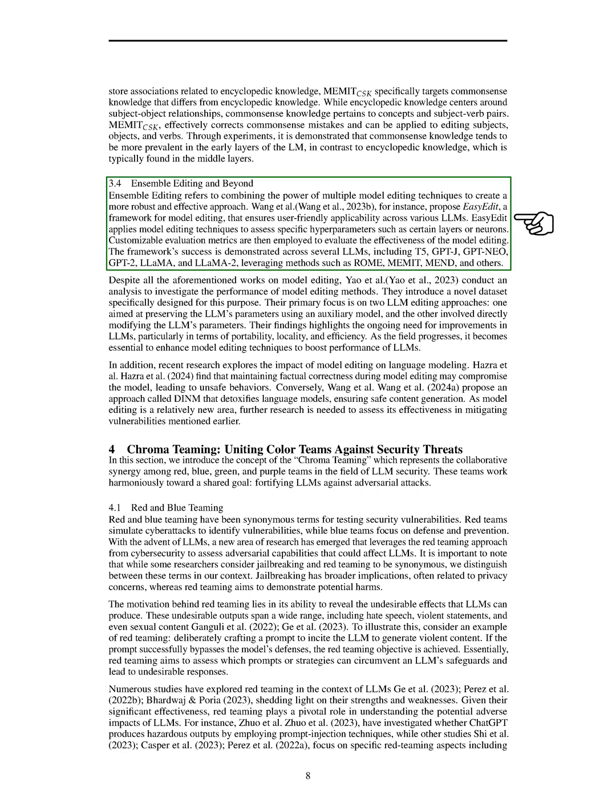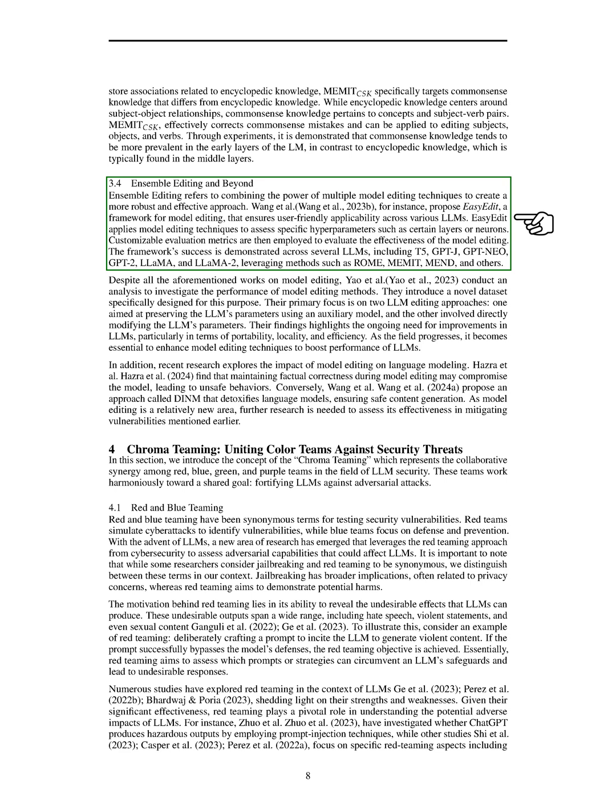Section: Ensemble Editing and Beyond. In this section, we discuss ensemble editing and its advancements. Ensemble editing involves combining various model editing techniques to create a stronger and more effective method. For example, Wang and colleagues introduce EasyEdit, a user-friendly framework for model editing that works across different large language models, LLMs.